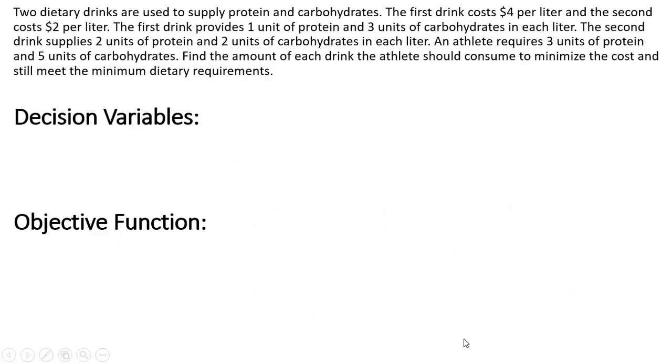So given the situation, we need to identify then the decision variables. On the first sentence, it is said that 2 dietary drinks are used to supply protein and carbohydrates. So we could consider the first drink and the second drink as our decision variables.